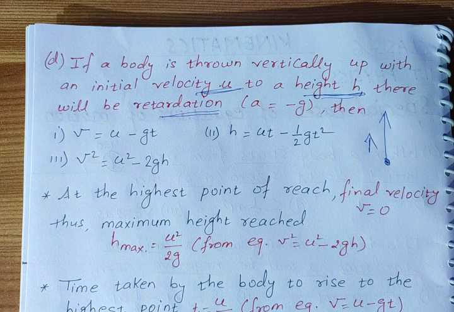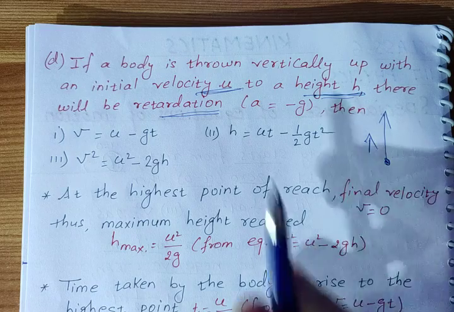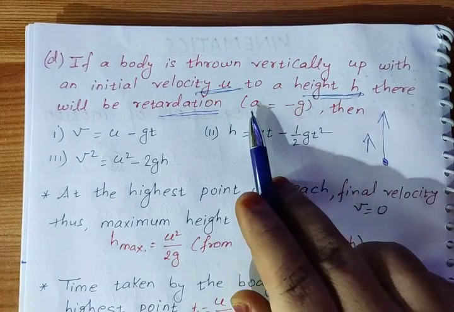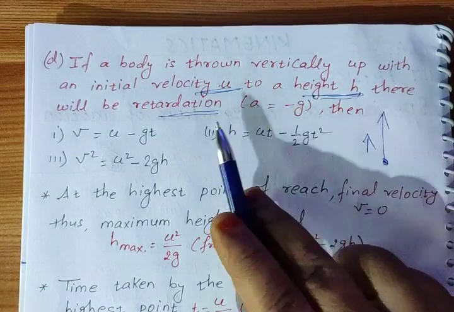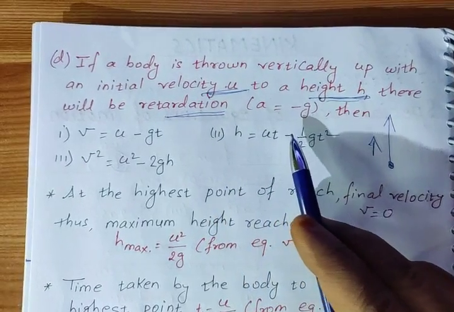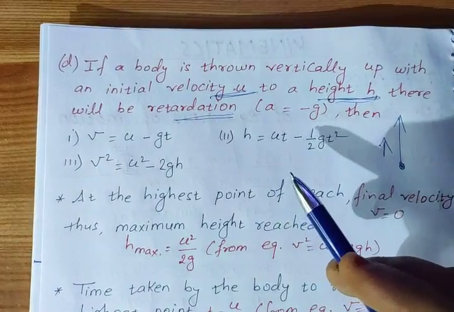And here, as the body is thrown up, it is working under gravity. So a is replaced by g, and what? Negative g, because of retardation. I think you are understanding, children.